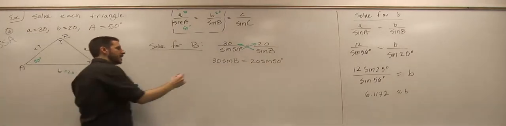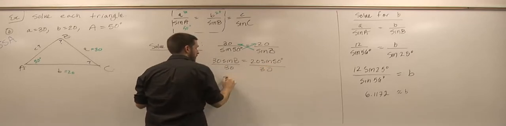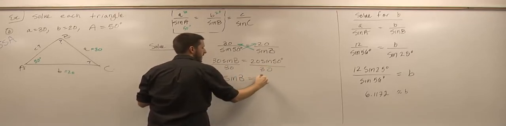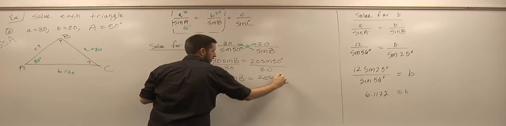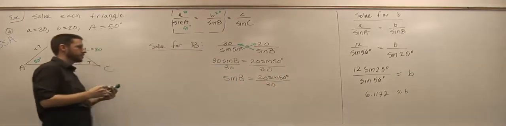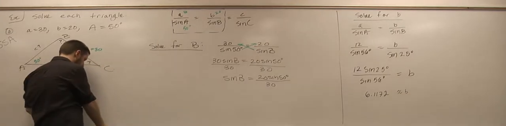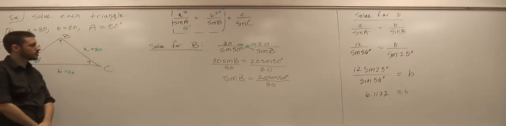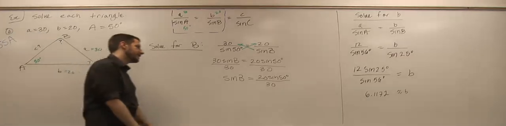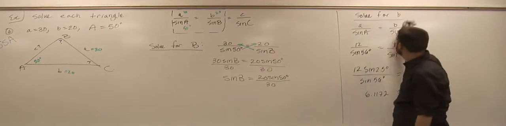And then if you divide by 30, you have your sine B isolated. So we're one step closer to getting B. So go ahead and find me a decimal for this guy here. Give it a chance.